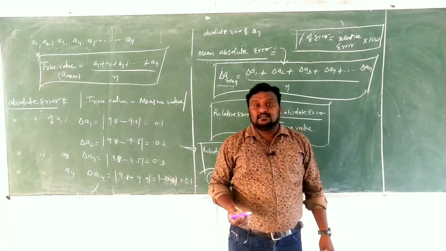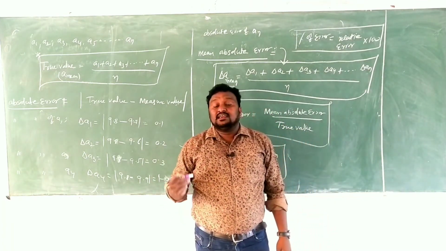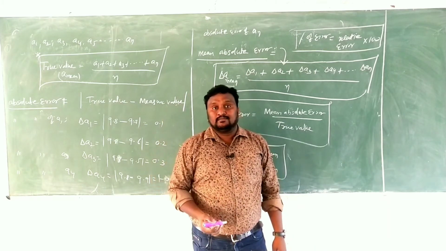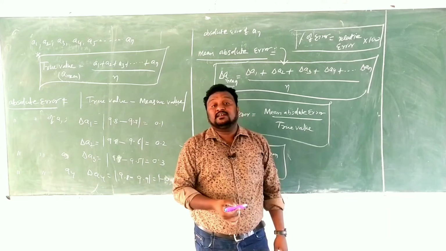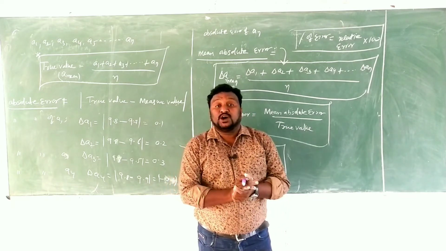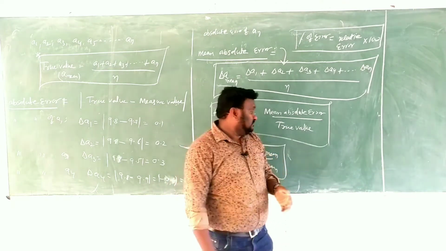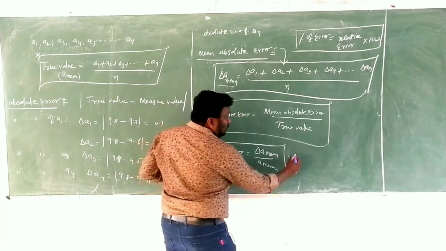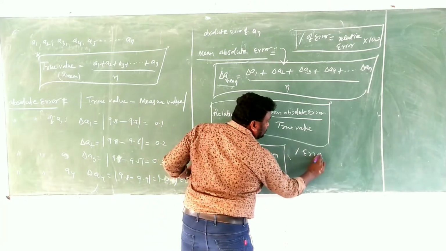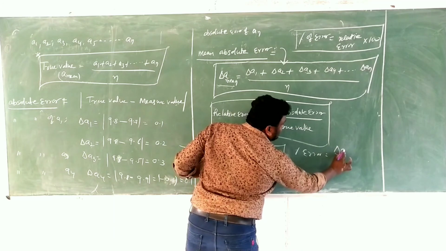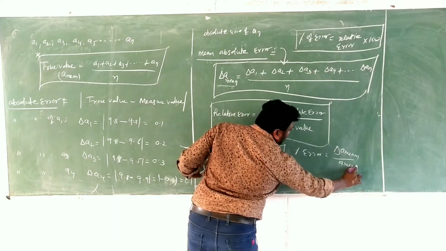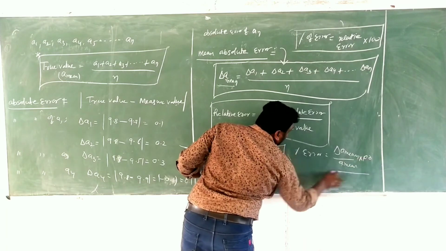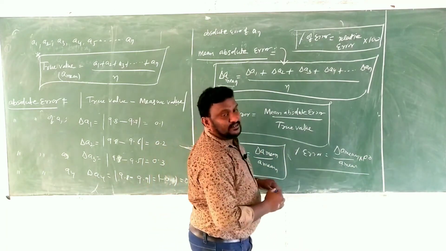It means that if we multiply the relative error with 100, then we will get percentage of error. So simply, percentage of error is equal to delta A mean by A mean into 100. Now this is the percent of error.